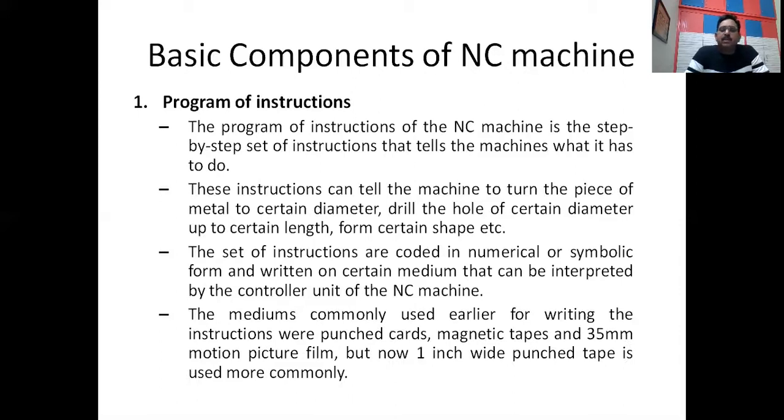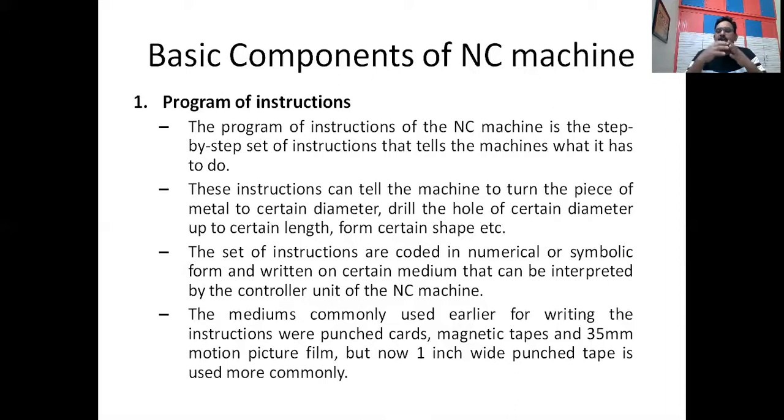The mediums commonly used earlier for writing the instructions were punched cards, magnetic tapes, and 35 mm motion picture film. But now 1 inch wide punched tape is used more commonly. So in the form of punched tapes or magnetic tapes.